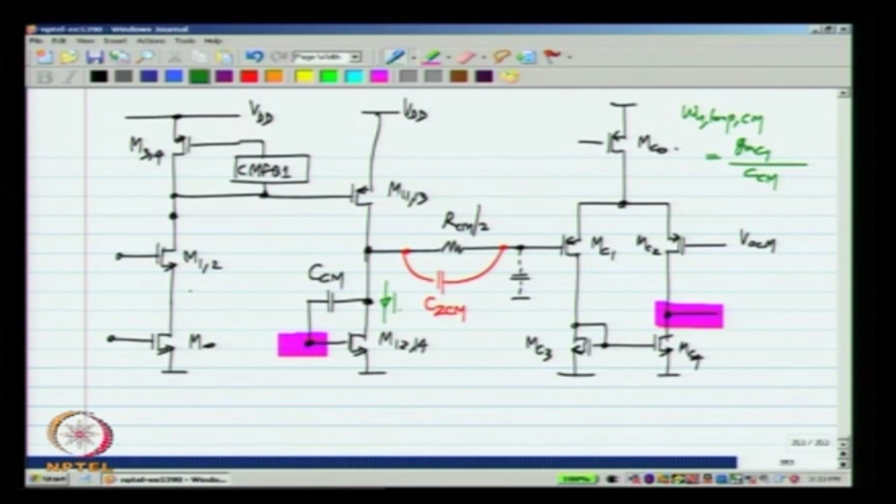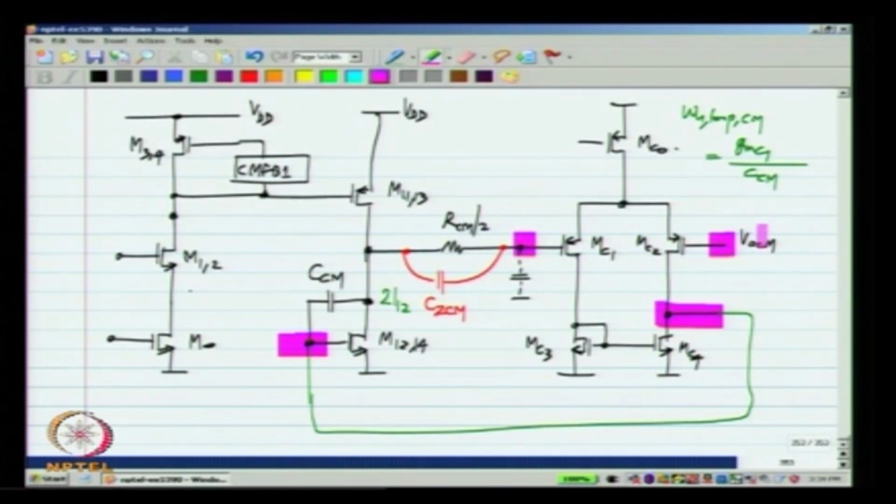Remember, the current 2 times I12 has to flow here in the common mode picture, and that needs a certain voltage here. Now, again we are assuming a fully symmetric case. So, the voltage will be the same as VGS of MC3, that is different from the VGS required here. When you connect it up, this voltage has to shift and there will be a systematic offset between that node and that node.